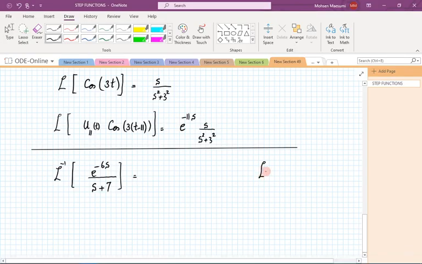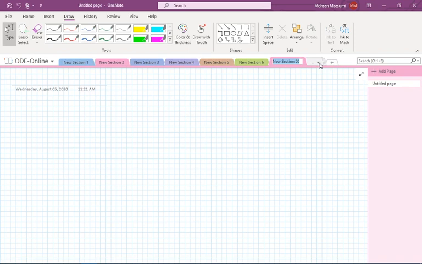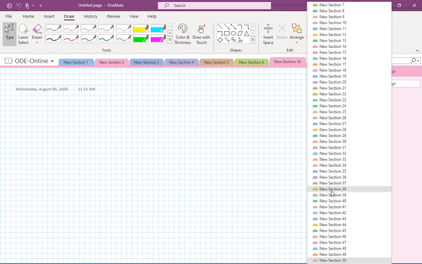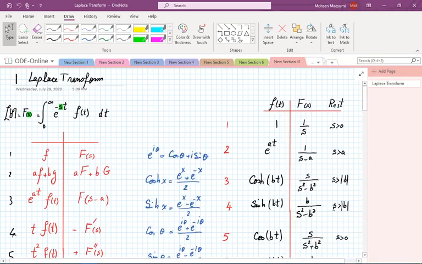We say, okay, let's ignore that exponential for a second. If I just had 1 over s plus 7, what would be the inverse Laplace transform of that? Did you memorize this table by now?